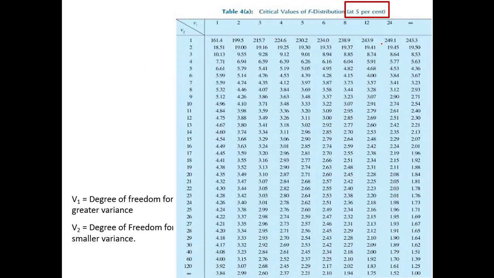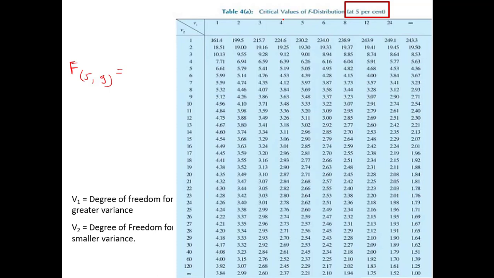Similarly, we have another table with the 5% level of significance. Here also we have two degrees of freedom. The first degree of freedom we look up in the rows, and the second degree of freedom in the columns. If I want to find the F value for 5 and 9 degrees of freedom, 5 is the first degree of freedom and 9 is the second.